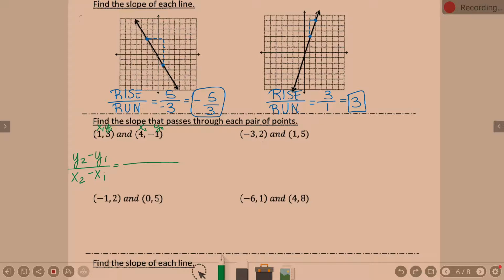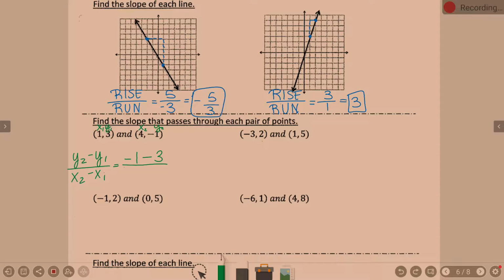So if you want to say this is x1, y1, then this is x2, y2. With that in mind, y2 minus y1. What's y2? Negative 1 minus, what's y1? 3. So I did the y from this ordered pair minus the y from this ordered pair on top.